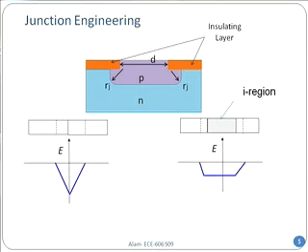Obviously, the abrupt junction, because this one will have significantly lower electric field. So just by inserting a thin intrinsic region in between the abrupt junction, you can lower the electric field significantly.